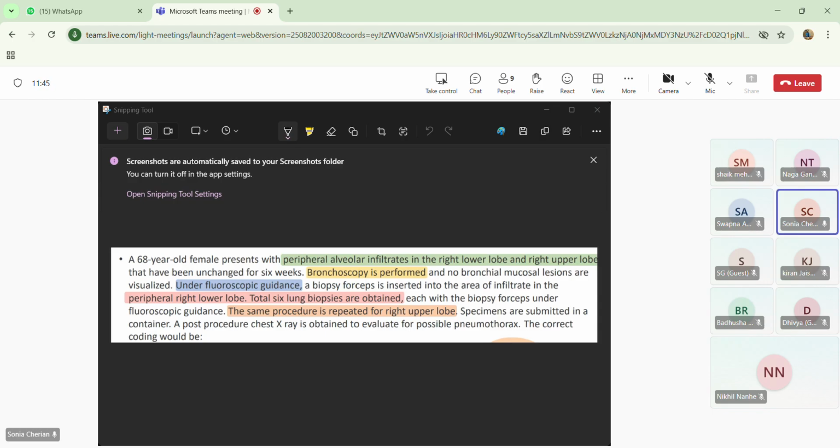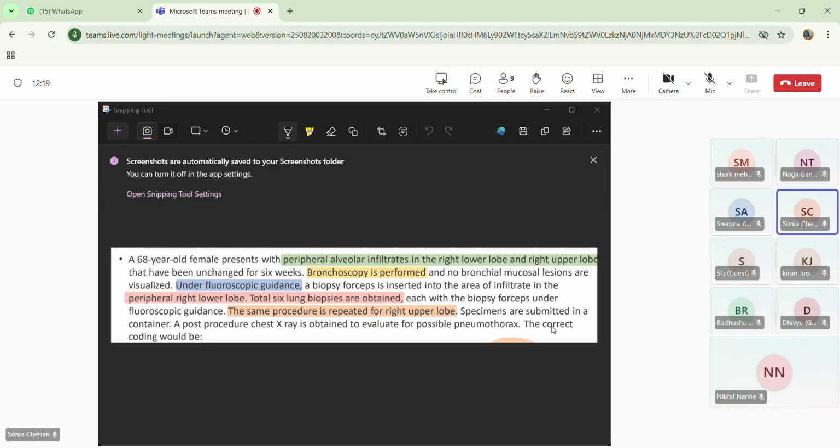So what have they done, guys? They have done a transbronchial lung biopsy, because they are taking biopsies through the bronchial tree. Here you can see that they have taken 2 lobes. One is the right lower lobe, and the additional lobe is the right upper lobe.